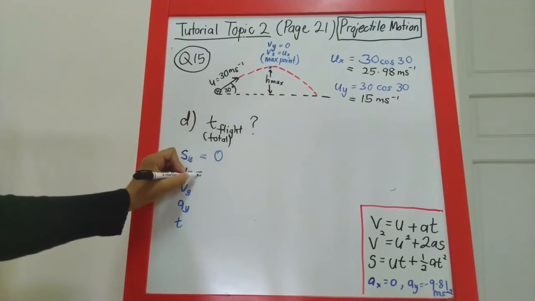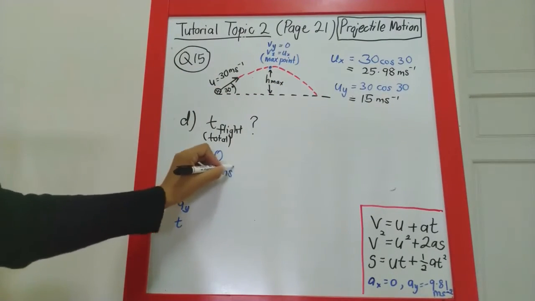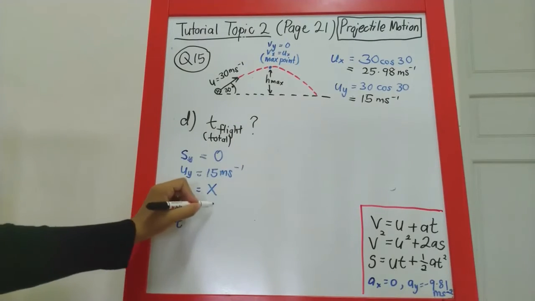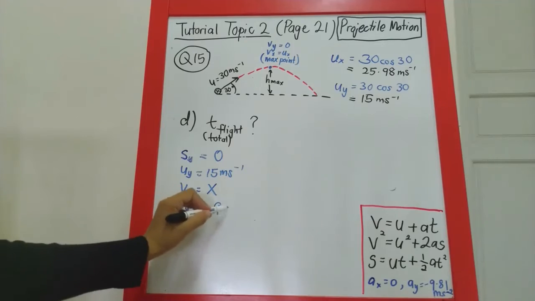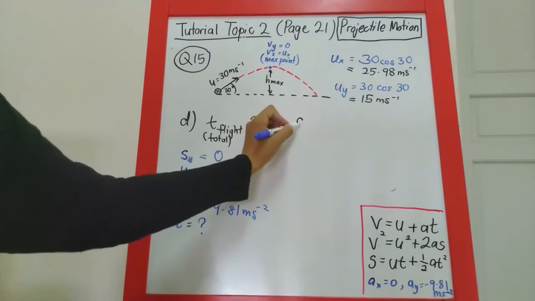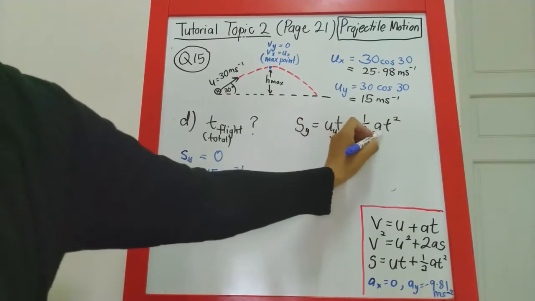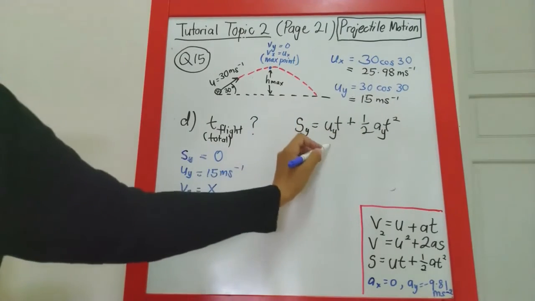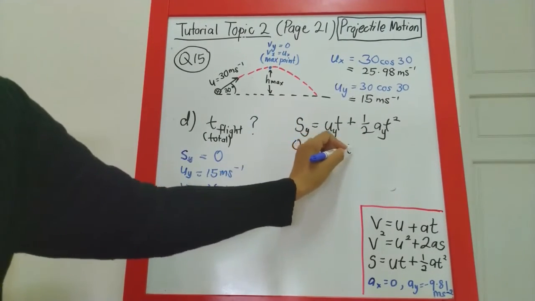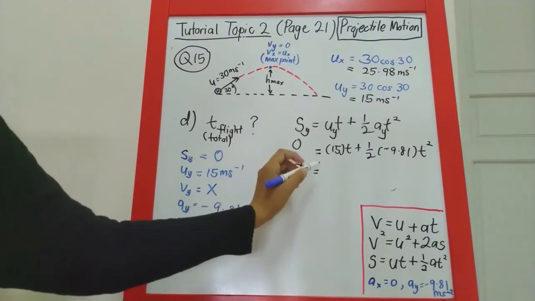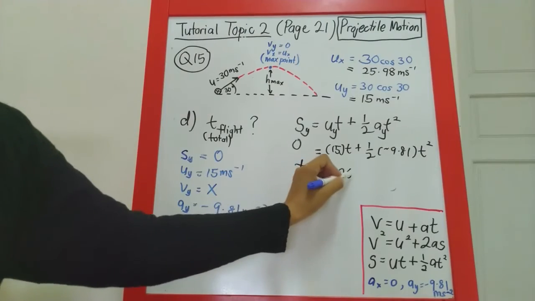Okay, Uy is 15. Vy you don't have information, so Ay equals negative 9.81. And so s equals ut plus half at squared. You level everything. 0, 15, you will get time equals 3.06 seconds.